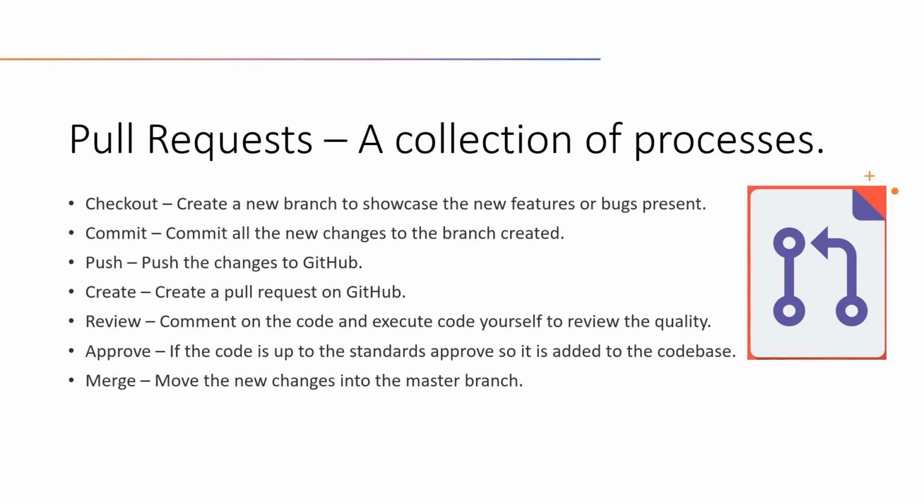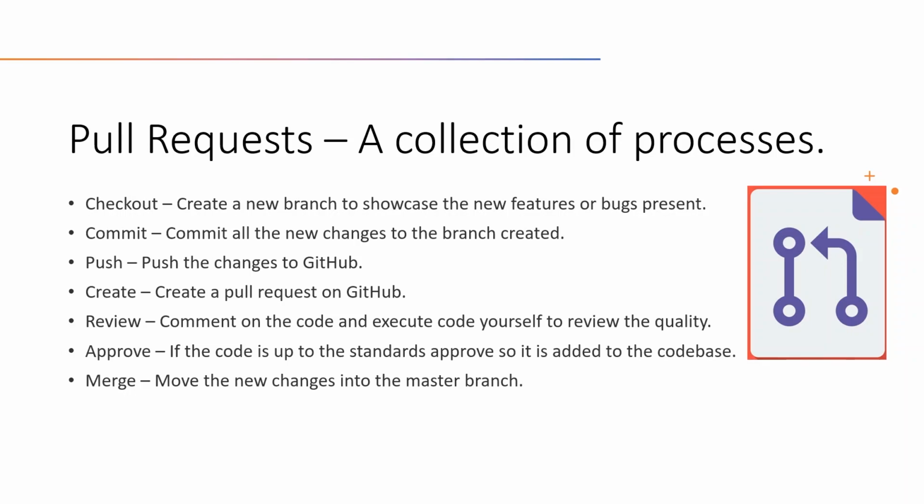First is checkout, where you create a new branch to showcase the changes or bugs that are present within the code base. Then you commit all the new changes to the branch that you created in the previous step. Next you push these changes onto GitHub, and then you have to go onto GitHub and create a pull request.